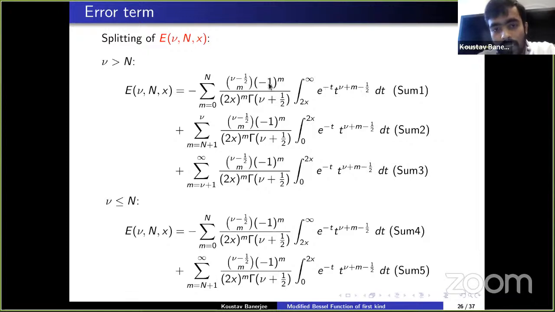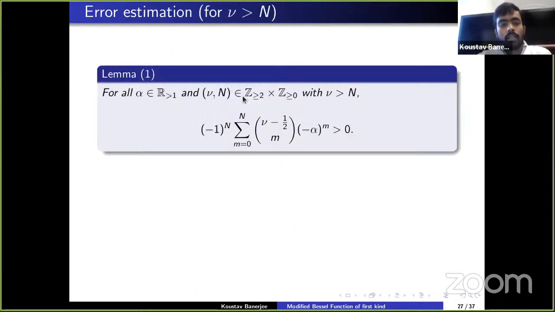So if I replace, t divided by 2x to the power m is there. So I'll see that for alpha a positive real number strictly greater than 1, nu a positive integer greater or equal to 2, and n a non-negative integer with the condition that nu is strictly greater than n, one can prove this sum is alternating. That means, with the prefactor minus 1 to the power n, the sum m from 0 to n of nu minus half binomial m times minus 1, alpha to the power m, is strictly greater than 0.